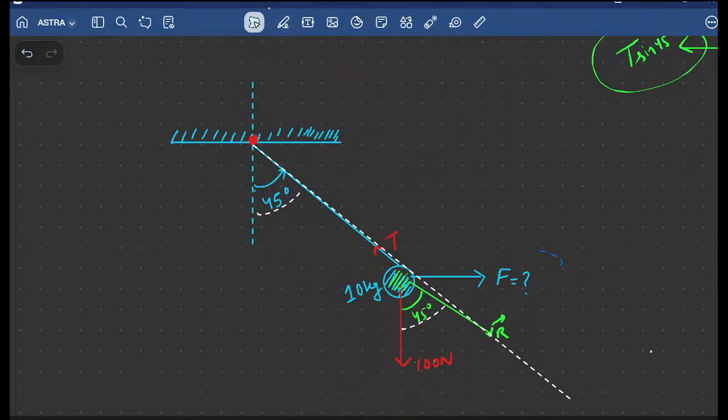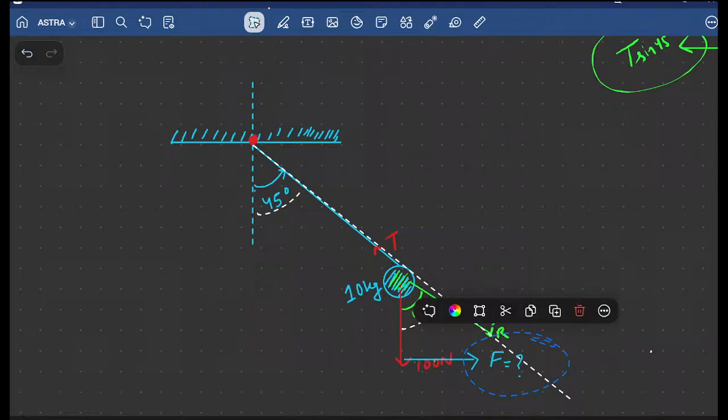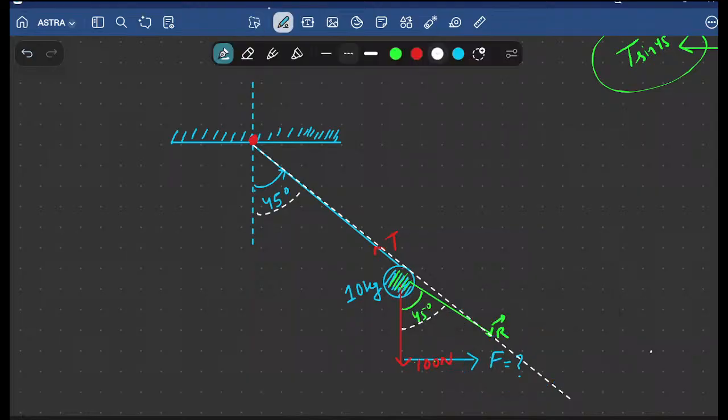Now you already know that we can displace a vector parallel to itself. I'm displacing this vector, and I can clearly see that the 100 Newton and this F Newton are making resultant R, which is equal to T in magnitude.